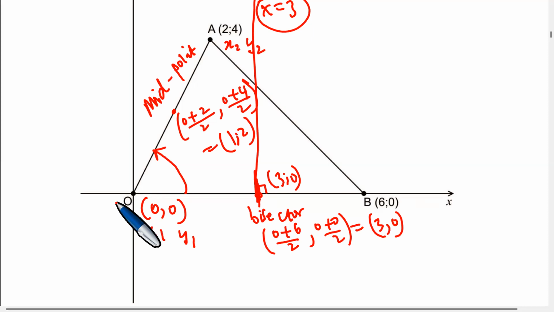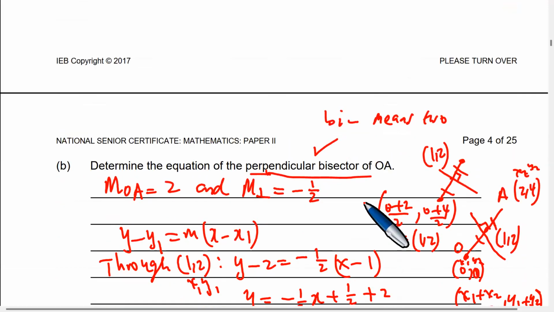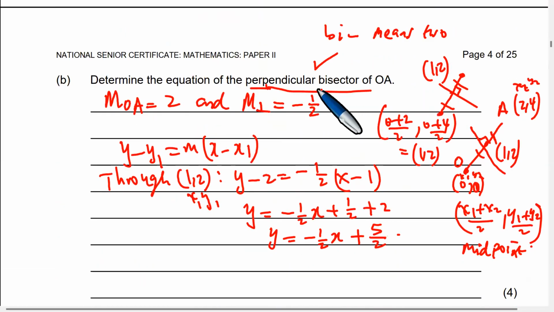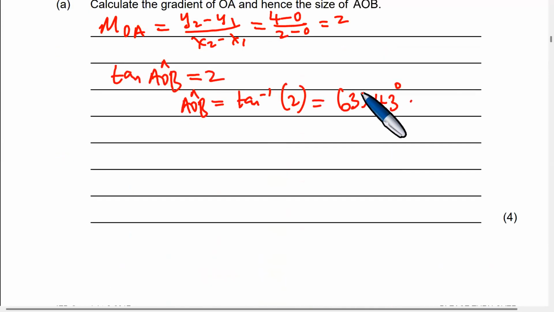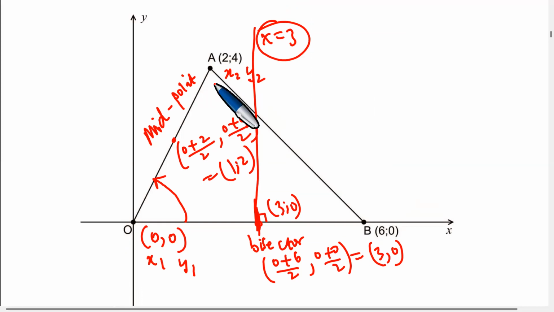A couple of things remain critically important here. You already have the equation of the perpendicular bisector of OA.